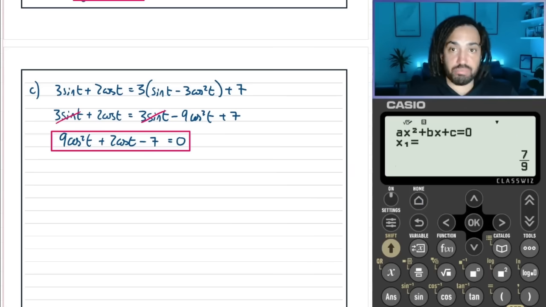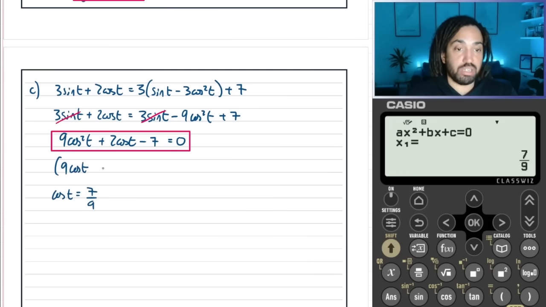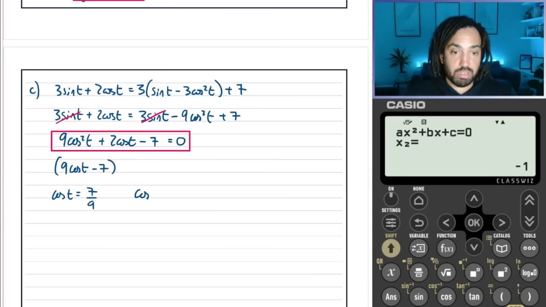Okay, so therefore, if I were to have factorized it, I know the solution is that cos t is equal to 7 over 9. So it would have been 9 cos t minus 7, like that. And then the other factor should be, well, cos t equals minus 1 is the solution.